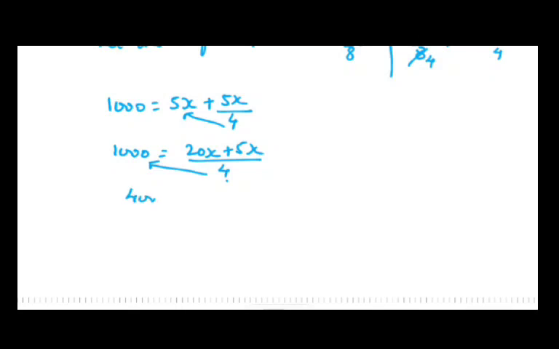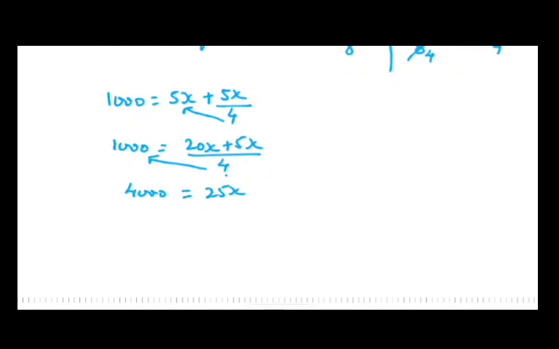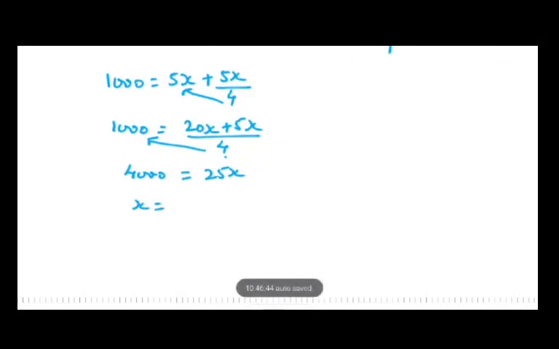So 4000 is equal to 25x. Correct? x is equal to 4000 upon 25. So 5 5s are 25, 5 8s are 40, 5 6s are 30.